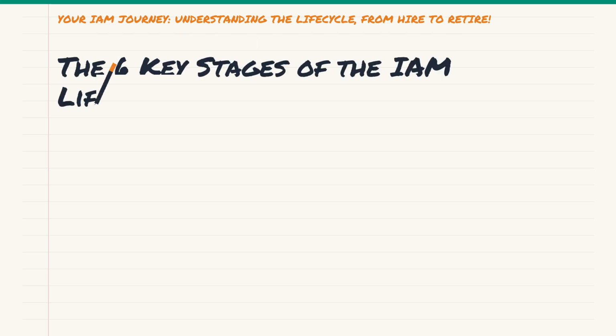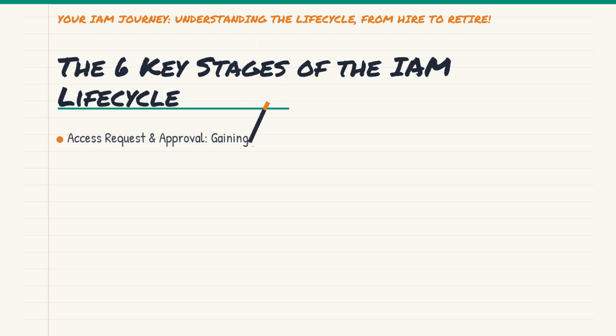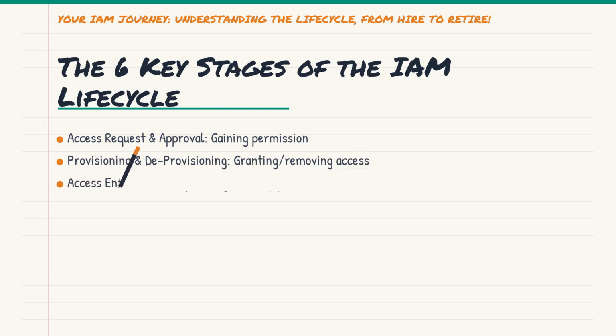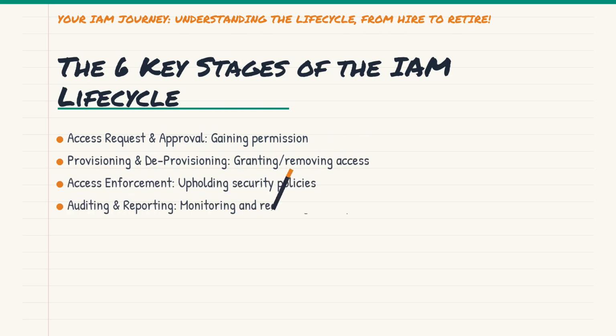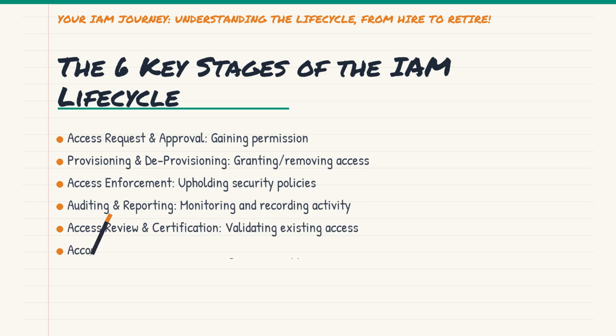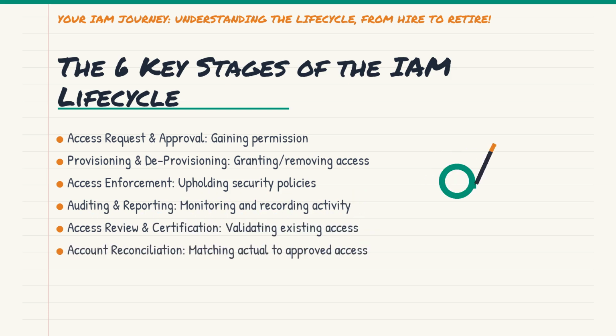Alright, let's get a bird's eye view of the 6 main stages we'll be discussing today. Imagine these as chapters in our identity's story. First, we have access request and approval, which is all about asking for and getting permission for access. Then comes provisioning and deprovisioning, where we actually grant or remove that access. After that, access enforcement makes sure the rules are followed when someone tries to use their access.